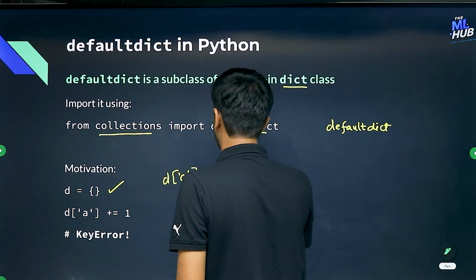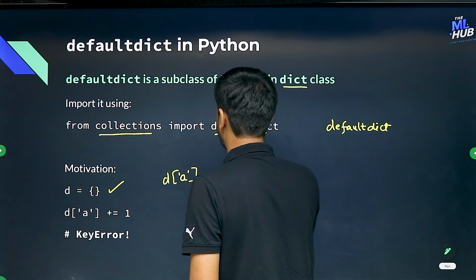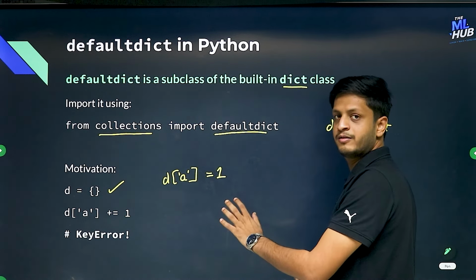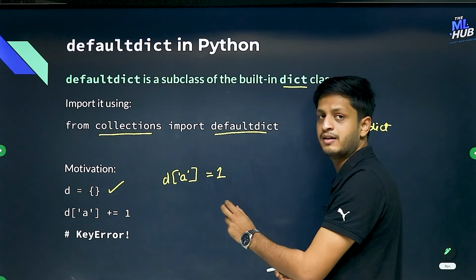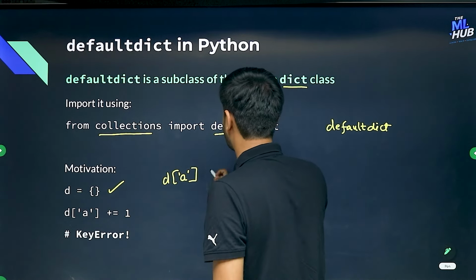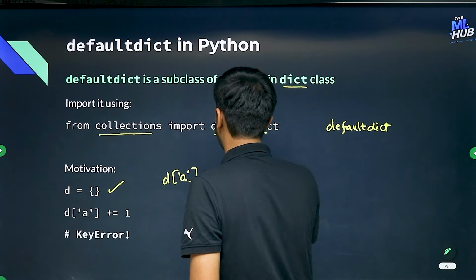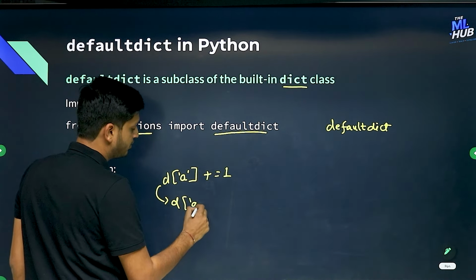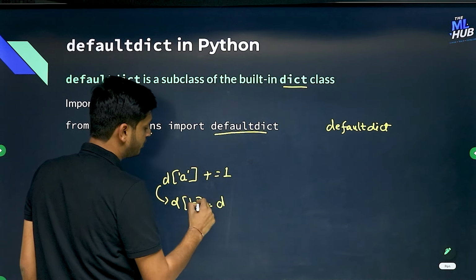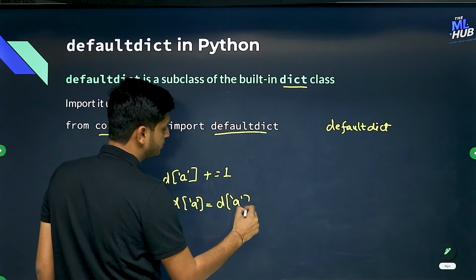See, if you had just written equal to 1, then it is okay. Why? Because there you are assigning the value to this key. But we are saying plus equal to 1. It means that this statement is equivalent to writing d of a is equal to d of a plus 1.